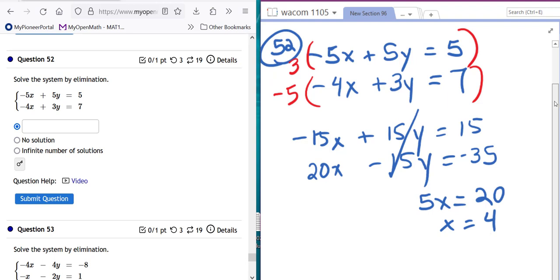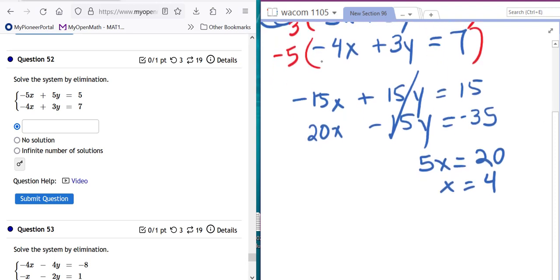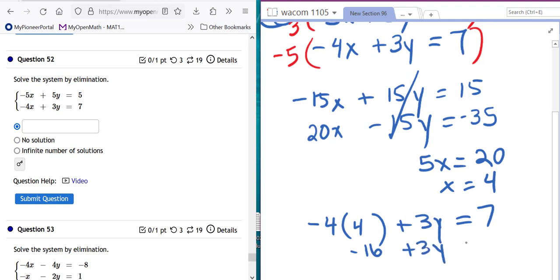Then you substitute it back into either equation. So I'll do the bottom one since I've rewritten it. So negative 4 times 4 plus 3y equals 7. This is a negative 16. So I'm going to add 16 to both sides.